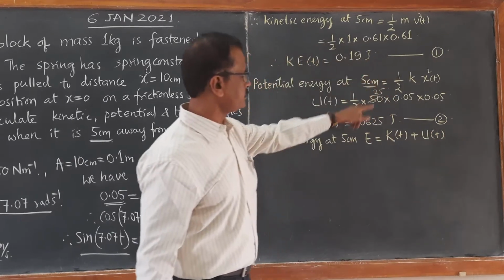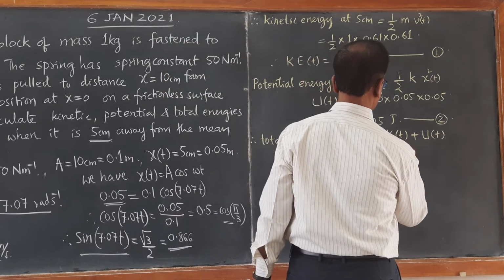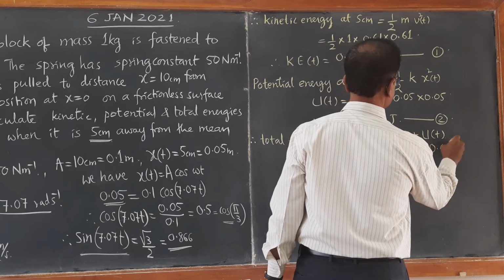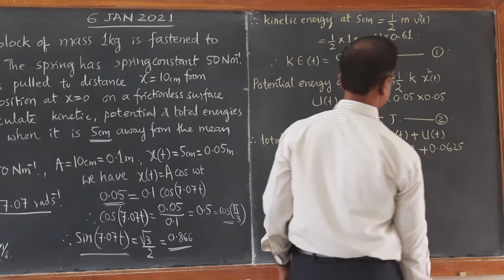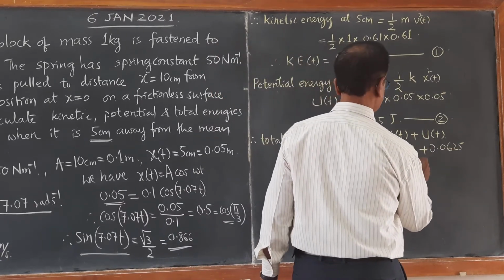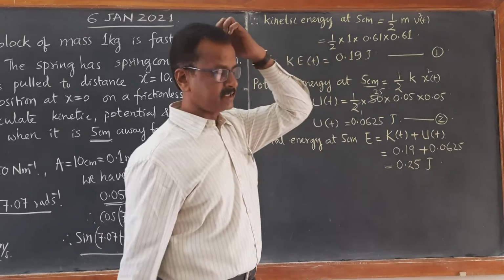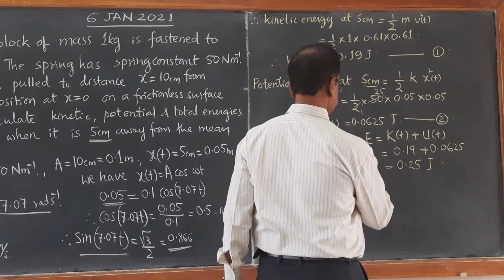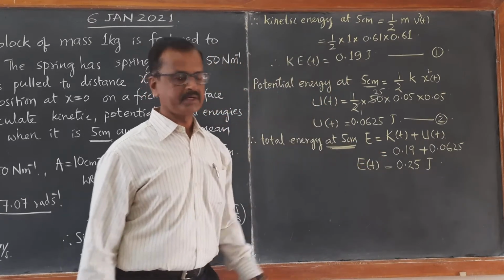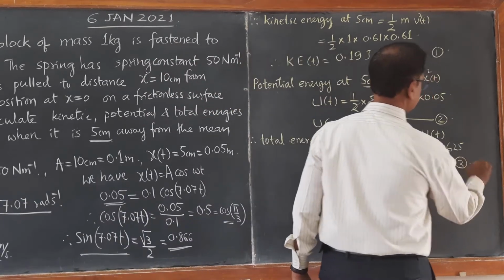Adding equations 1 and 2, we get the total energy: 0.19 plus 0.0625. If you take it up to 2 decimal points, it becomes 0.25 joules, neglecting the remaining decimals. So the total energy at 5 centimeter is 0.25 joules. Now the calculation is over. This is equation number 3.